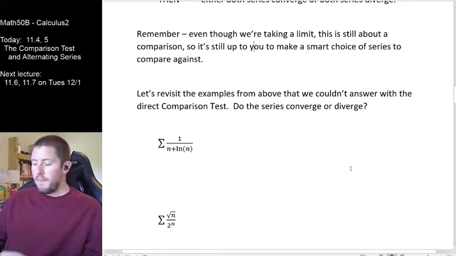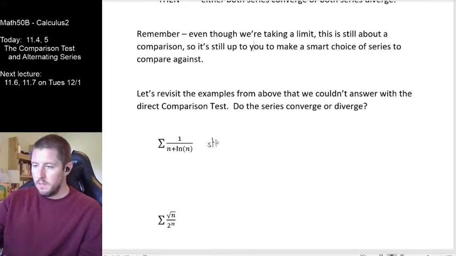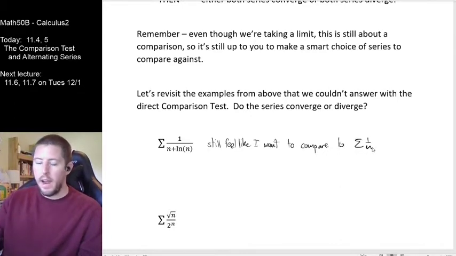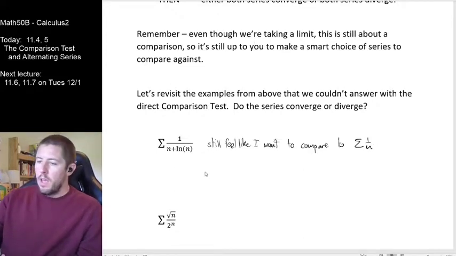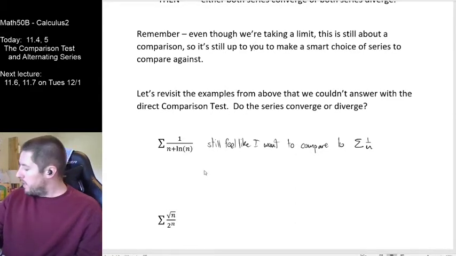I still think it's appropriate. I still feel like I want to compare to the harmonic series, right? That's the part I see in there, the 1 over n. It looks like that to me, just with extra stuff. And by the way, the order really doesn't matter for this.